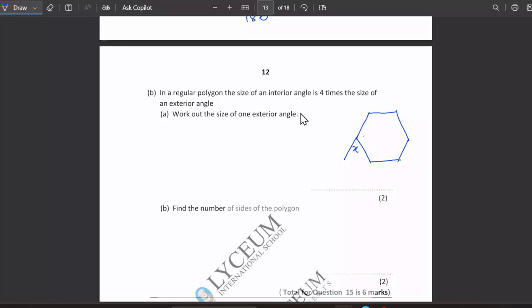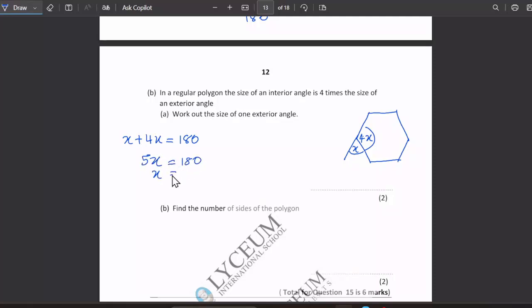So 4 times the size of the exterior angle is the interior angle. So 4x is the interior angle. So one relationship we can get is always x plus 4x should be equal to 180 because angles on a straight line. That's it. And it becomes 5x equals 180.